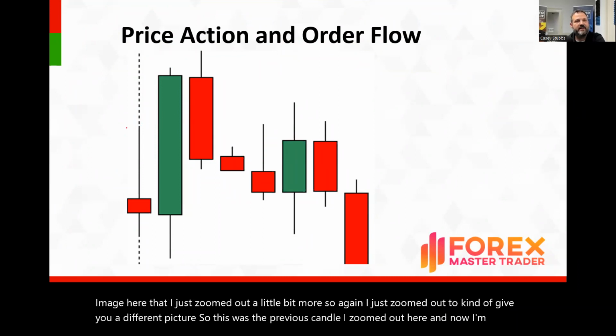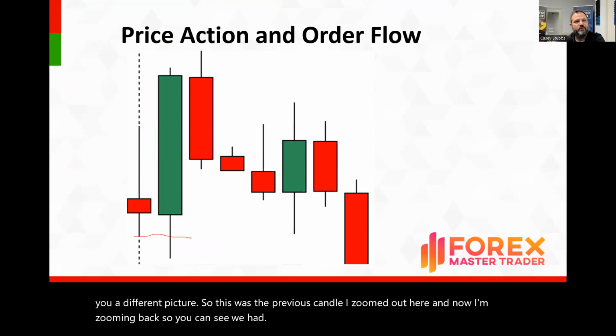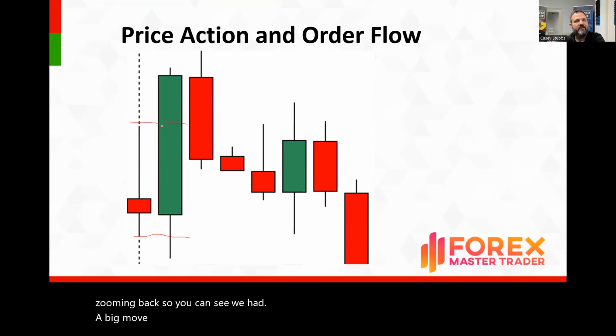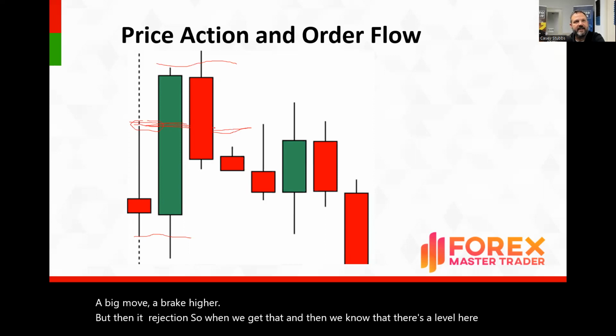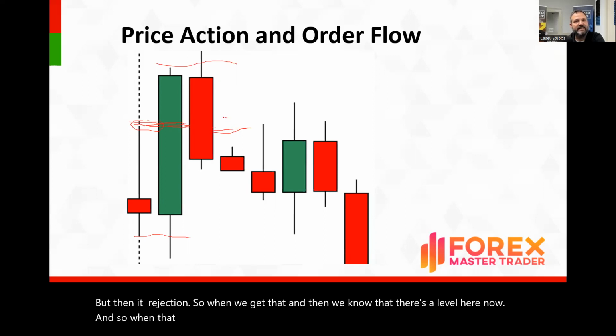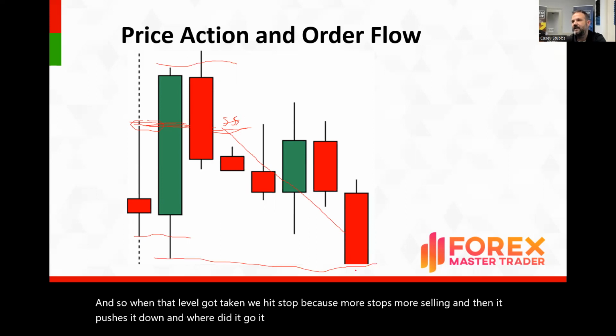You can see we had a big move, a break higher, but then a hardcore rejection. So when we get that, we know that there's a level here now. And when that level got taken, we hit stops, more stops, more selling, and then it pushes it down. And where'd it go? It went right here.